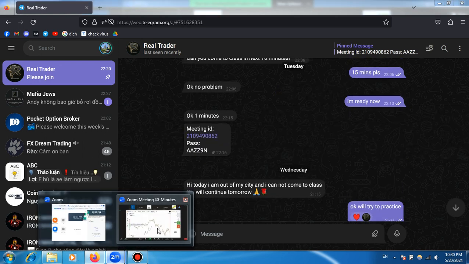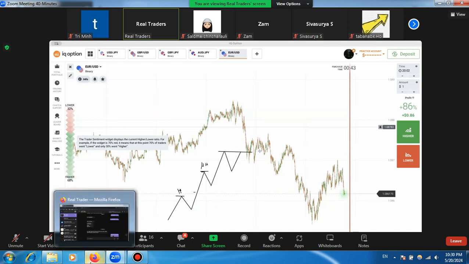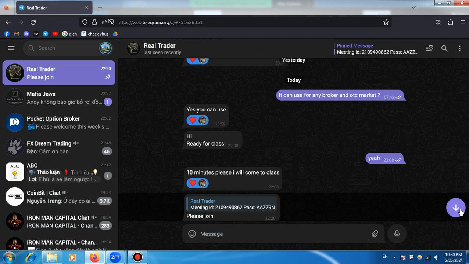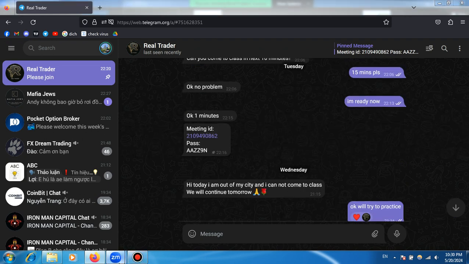But there is a moment when the market tries to make a new high, but it fails, and from the same level you see a reversal. So this is the M pattern or double top pattern, as you can see.